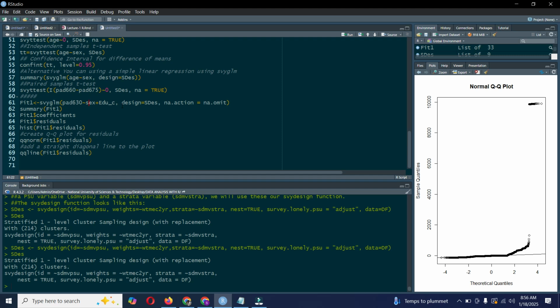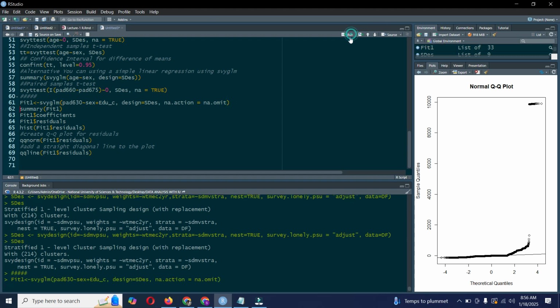Linear link function means the axes are linearly linked with the outcome variable. And the design object is survey design, and this command is used when any observation is missing in the covariates or in the outcome, then that will be removed from your analysis.